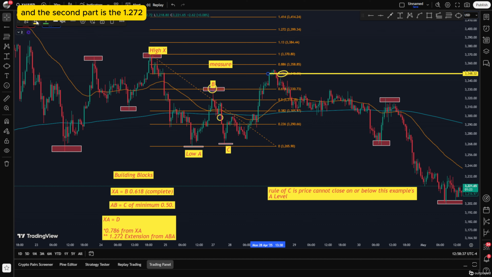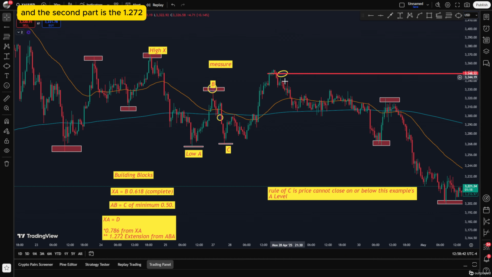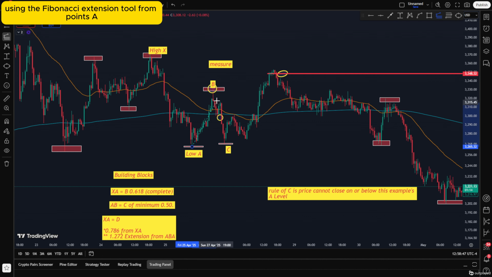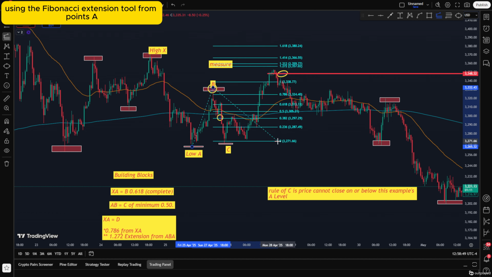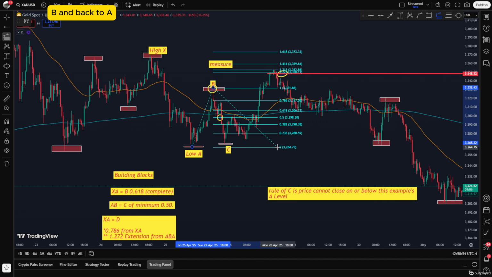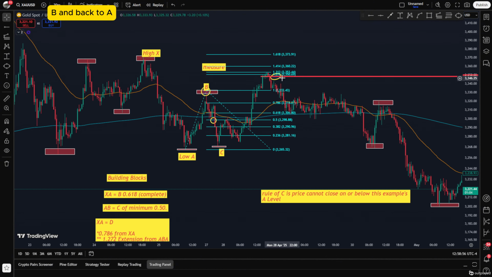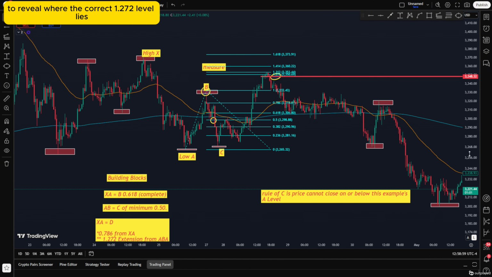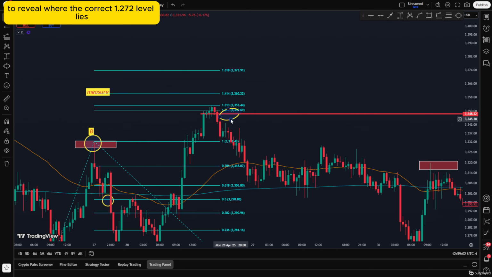And the second part is the 1.272 Fibonacci level using the Fibonacci extension tool from points A, B, and back to A to reveal where the correct 1.272 level lies.